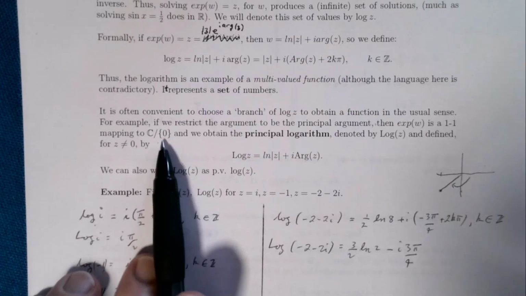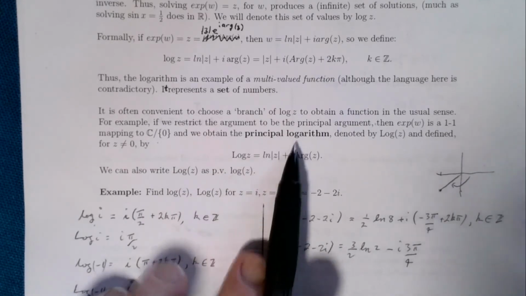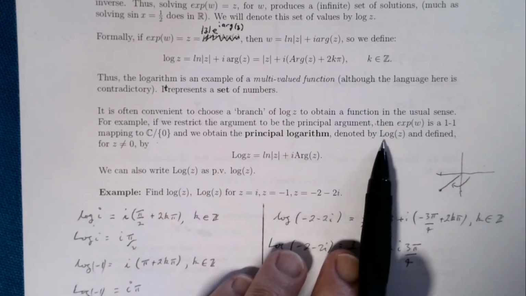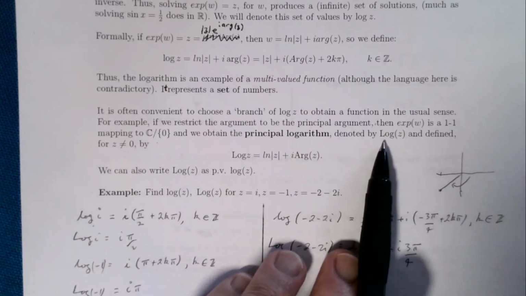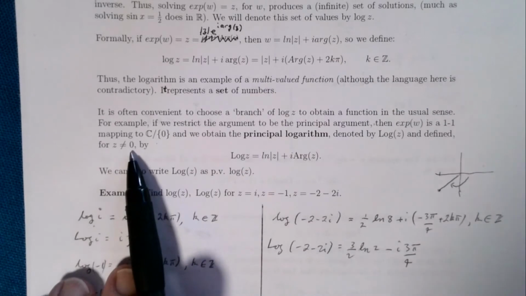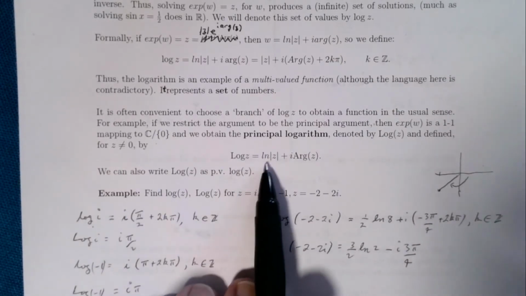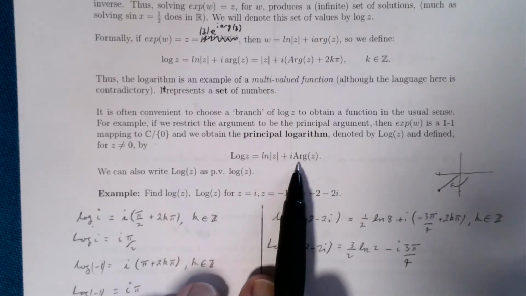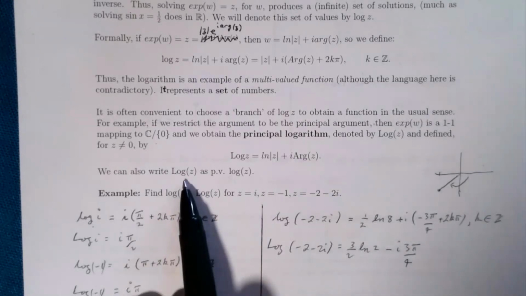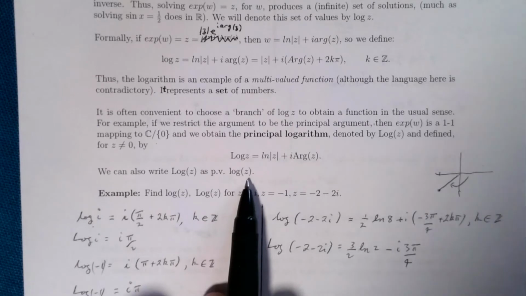Log of 0 doesn't have any meaning. And we obtain the principal logarithm, which I'm going to call capital Log of z. So capital Log is my principal logarithm, and it's defined for z not 0 by capital Log of z is ln, the real logarithm of the modulus of z, plus i times the principal argument. You could also write Log z as PV, for principal value of little log z.